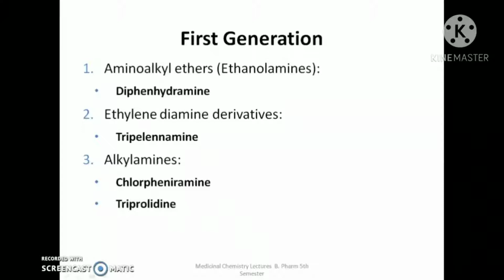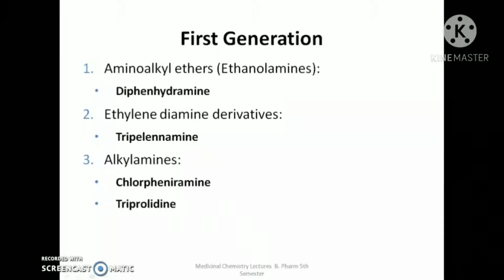All the first generation antihistamines have certain common structural features, and one of the important structural features is the connecting atom. Depending upon the connecting atom present in these antihistamines, they can be again classified. The first one is amino-alkyl ethers or ethanolamine derivatives.